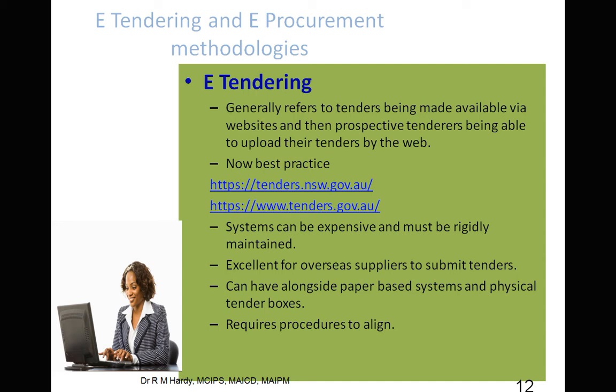And really, it is a backup that you can have both the physical form and the electronic form, much like we have in terms of our own assignment submissions. So it tends to work quite well for that too. And in terms of overseas suppliers, it makes it easier for them to submit tenders, not having to rely on the mail and so on and so forth.